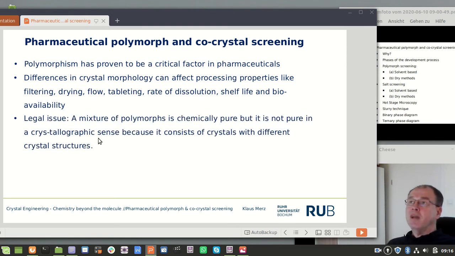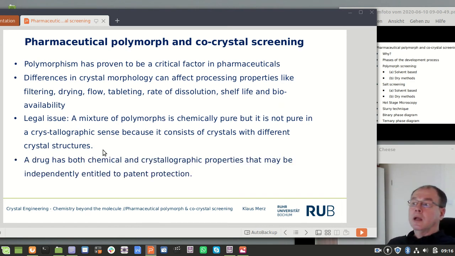And on the other side, if you look at the patent view, a mixture of polymorphs is a mixture of two different crystal structures. So each polymorph has its own chemical and crystallographic properties, and this is enough that each polymorph can be patented.